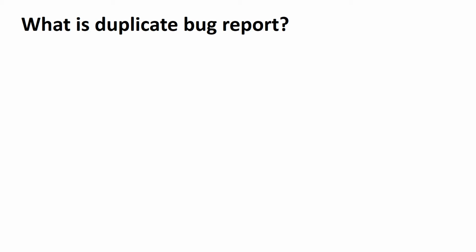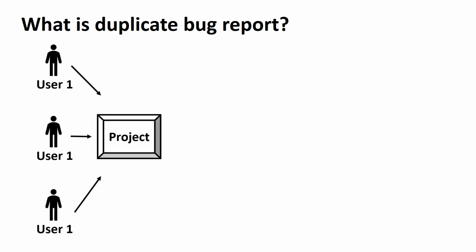For a software project, many people use it every day. In this process, users will inevitably encounter various bugs. Of course, the same bug may also be encountered by different users.